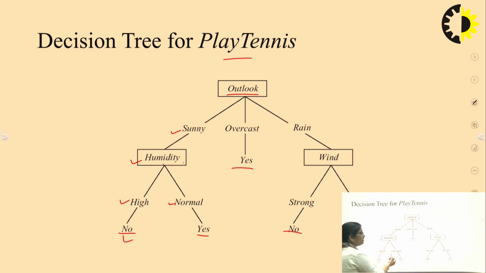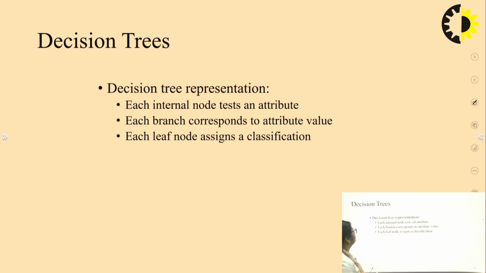So here we have one branch with the high value, one branch with the normal value. So this is one example decision tree. So how did we represent the decision tree? Each internal node is an attribute, each branch corresponds to one attribute value, and each leaf node is assigned a classification. That is our representation here.